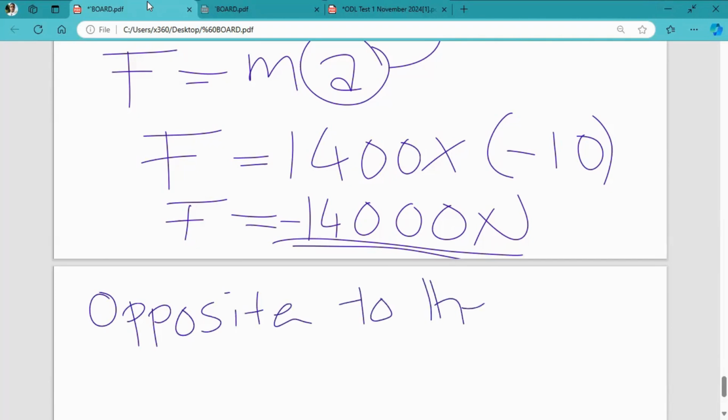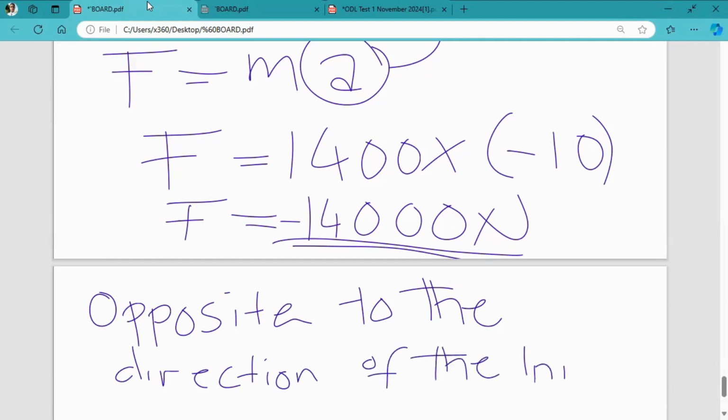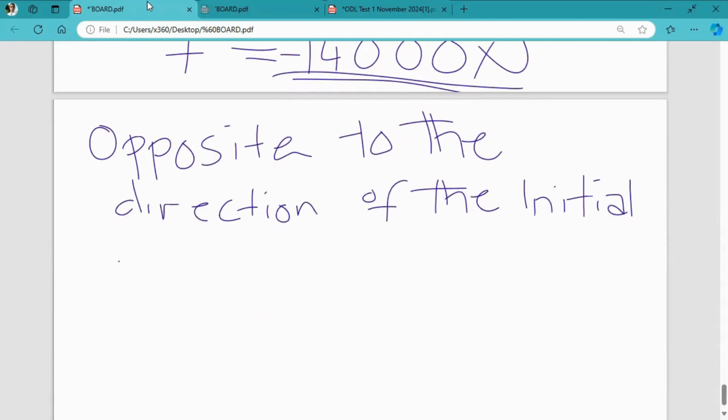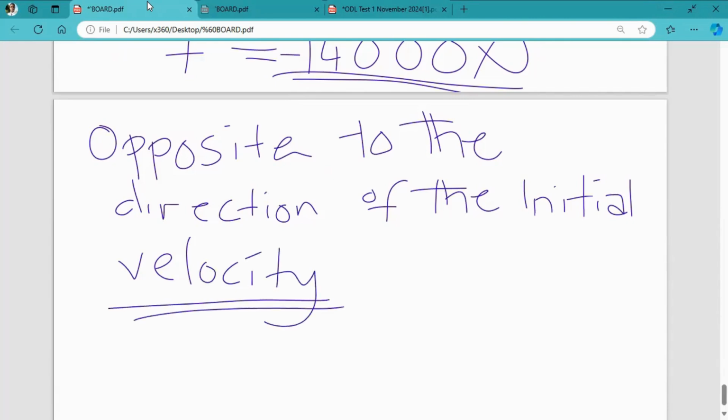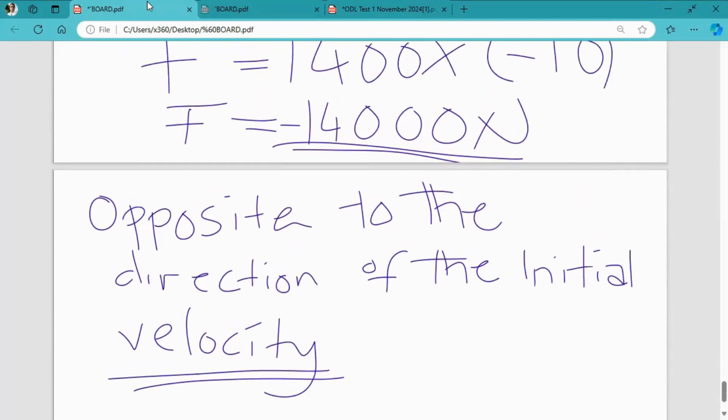to the direction of the initial velocity. The direction of force is opposite to the direction of the initial velocity. So I've answered both questions.